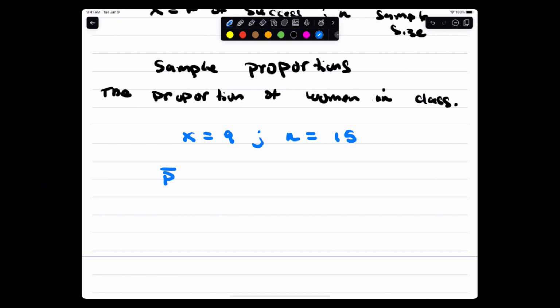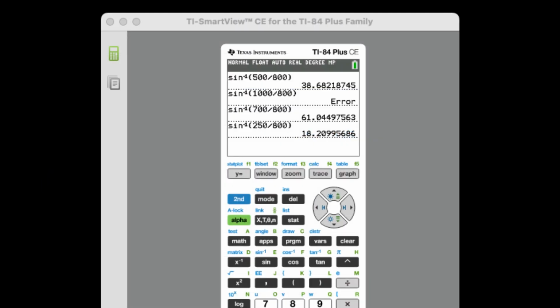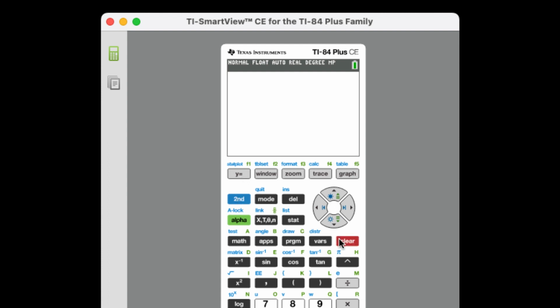Do you guys know? 9 out of 15. So the sample proportion is 9 divided by 15. And what is this equal to? It's 0.6.